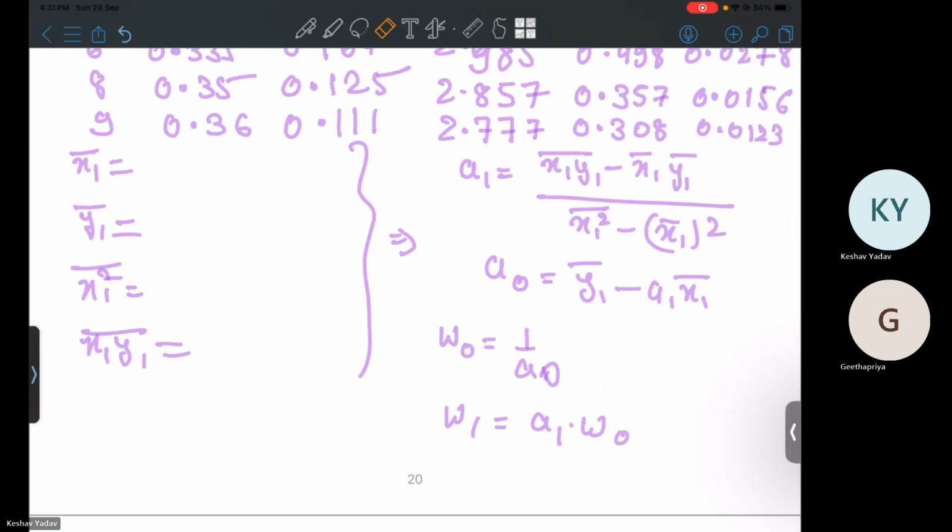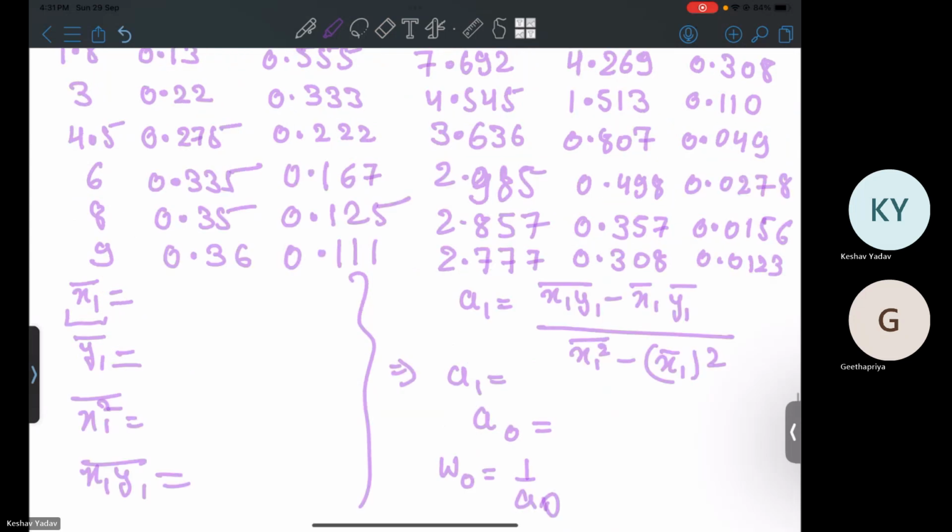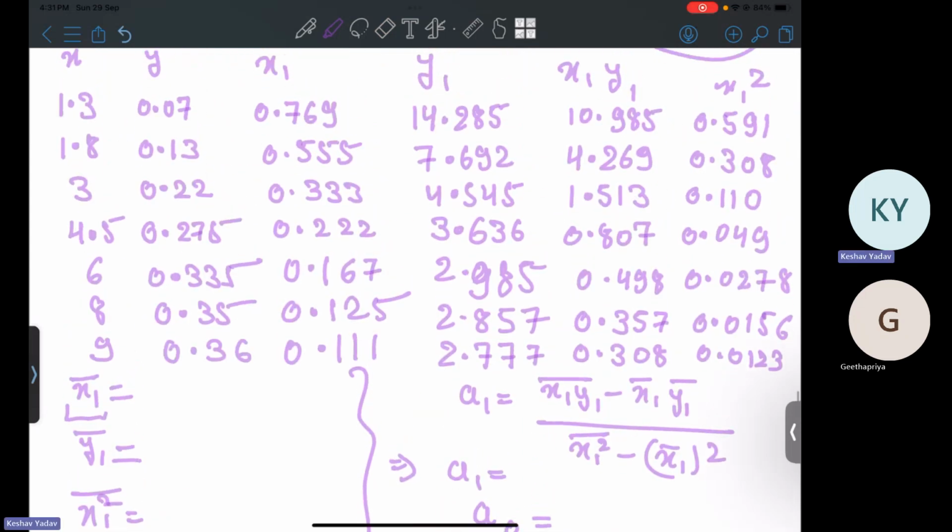Okay. You please calculate the A1 value. Sorry, before that we need to calculate the summation of this. So what will be the value of x1 bar?